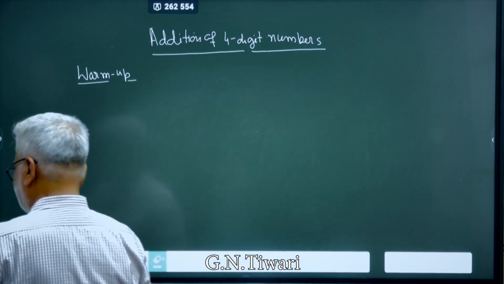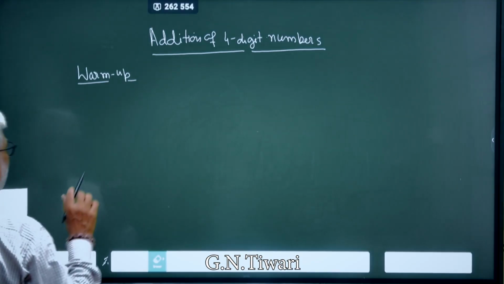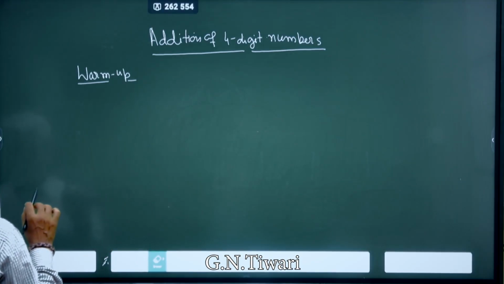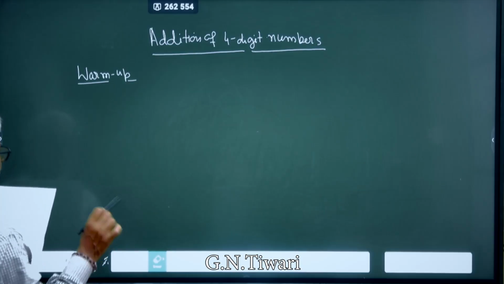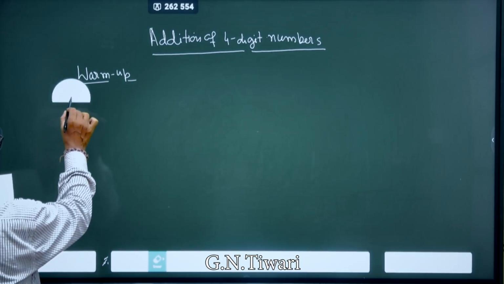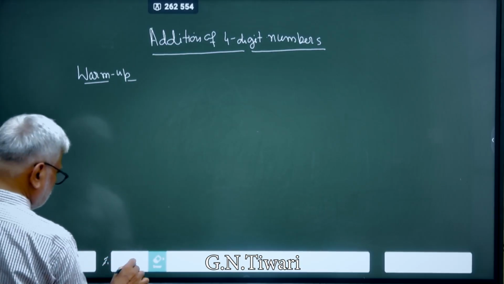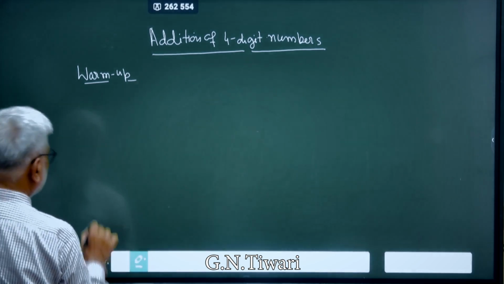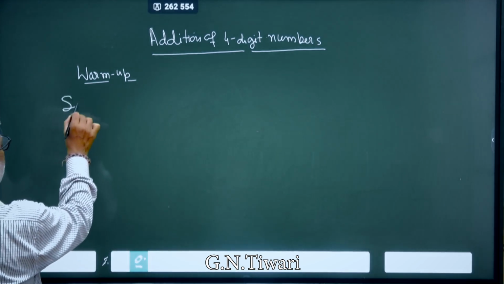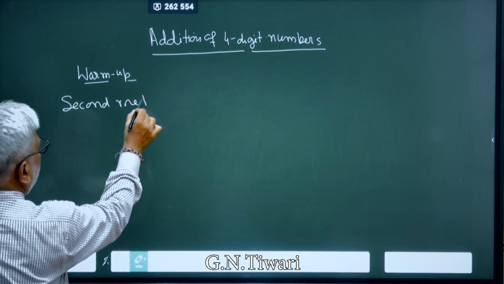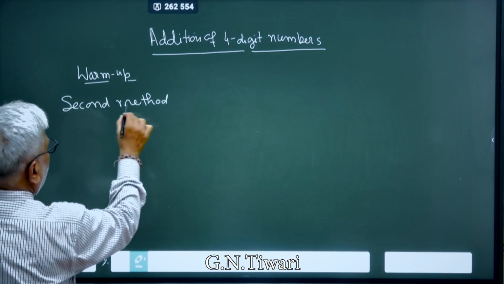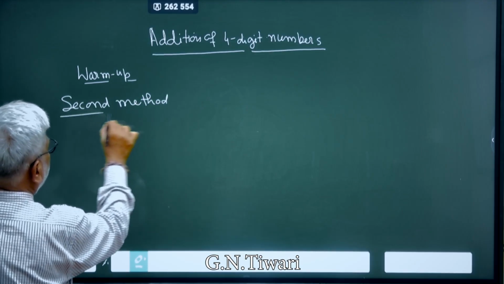I'll just take the example of vertical addition, but method is different. You can say second method. What is the second method?